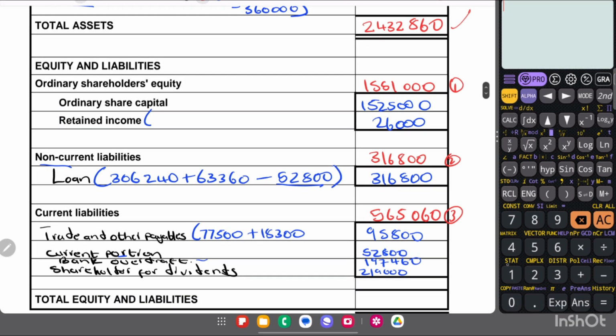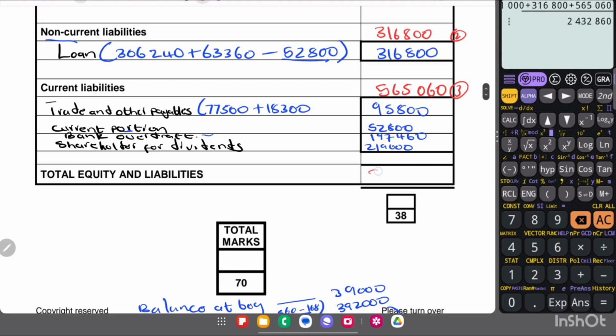Let's go and prove it now. 151,000 plus 316,800 plus 565,060. Then we are getting the same amount, which is 2,432,860, and then we are done with our balance sheet.